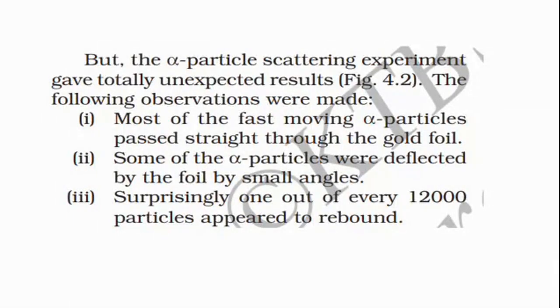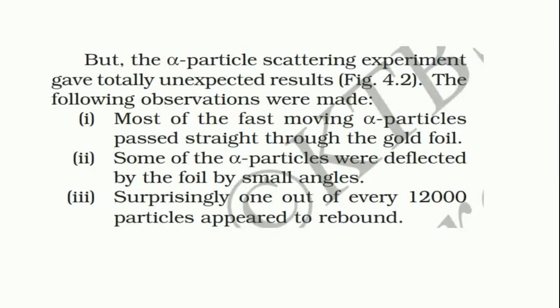Now, but the alpha particle scattering experiment gave totally unexpected results. The following observations were made. So what did we see? We saw most of the fast moving alpha particles pass straight through the gold foil. Isn't it? We saw in that picture, most of them are going straight. And some of the alpha particles were deflected by the foil by small angles. Some were around 30, and one or two particles were 60.